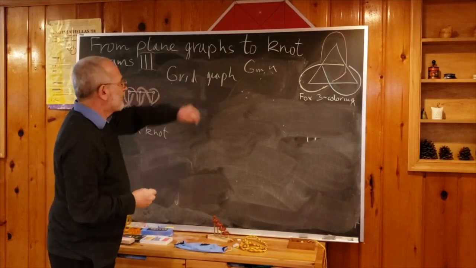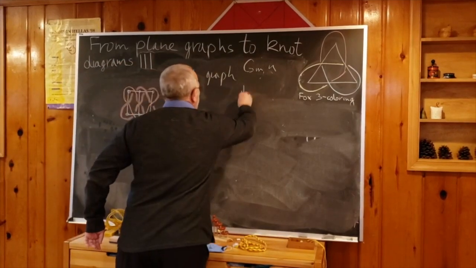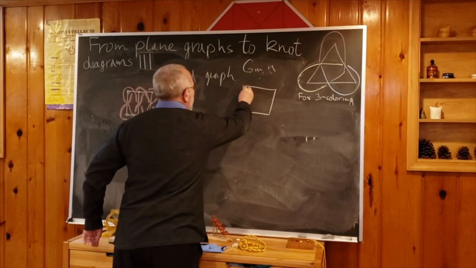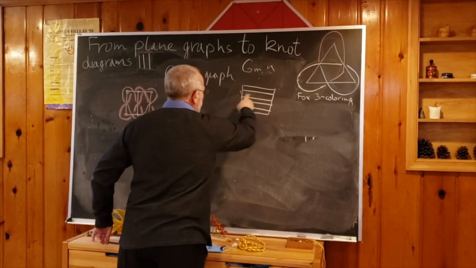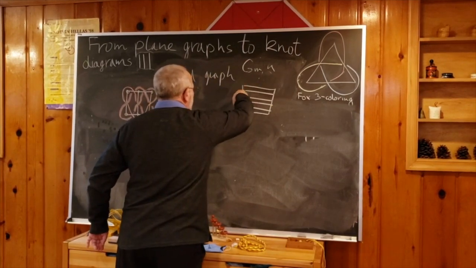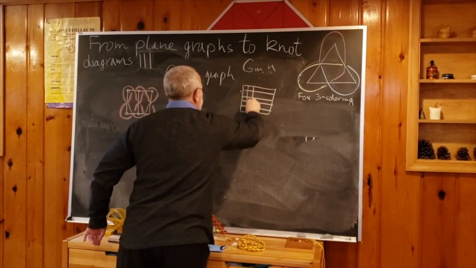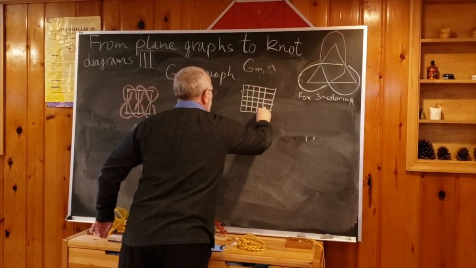So what is the grid graph G_M,N? We just take a box, make squares here, divide this into M rows and N columns. So I'm just drawing an example.